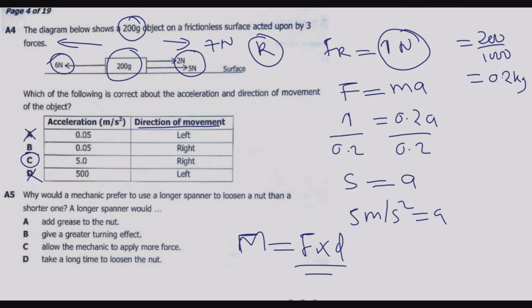So the longer a spanner from the pivot will increase the moment given a fixed force. So a longer spanner would add grease to the nut, no. B, give a greater turning effect, which is the same as the moment.